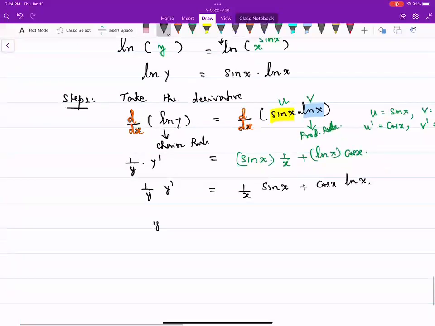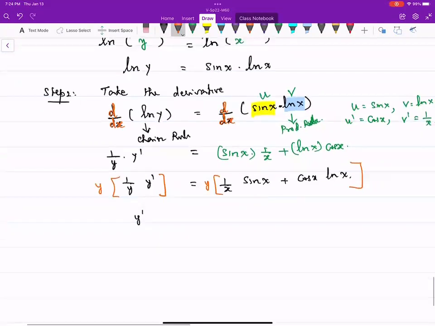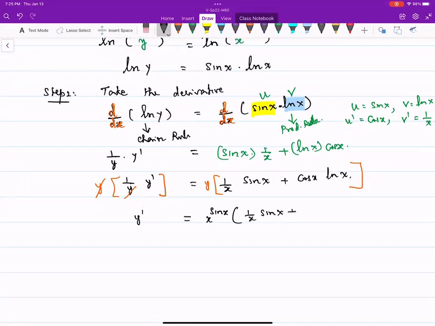So what is y prime equal to? Multiply both sides by y, and this y and y cancel out. You get y prime equal to y, which is x to the power sin x, times (1 over x sin x plus cosine x ln of x).